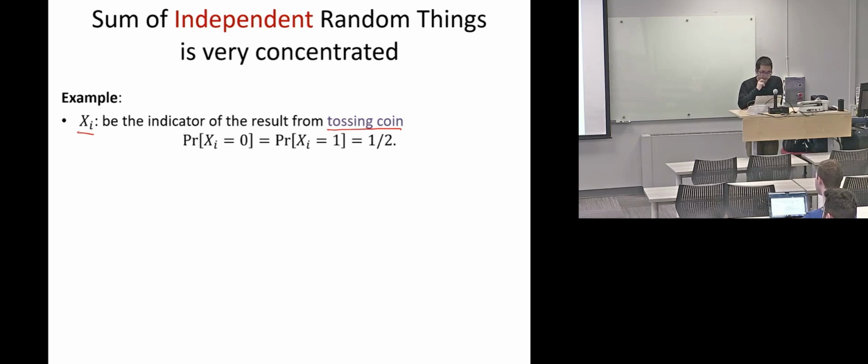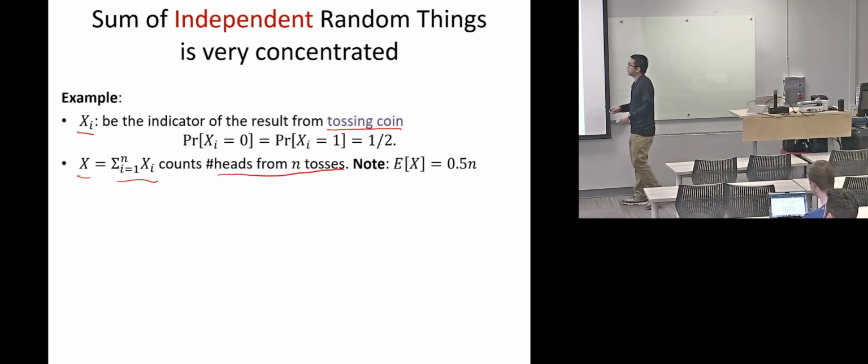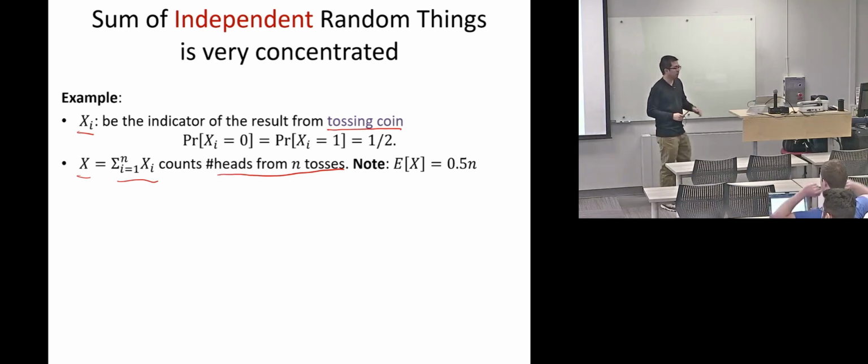So xi is uniform here. And let's say that x just counts the number of heads from n tosses. So you know that the expectation of x is just n over 2, simple.